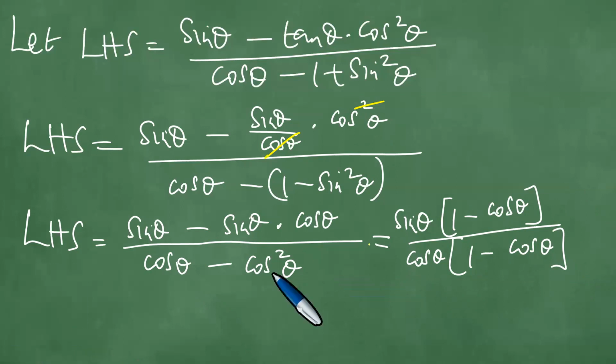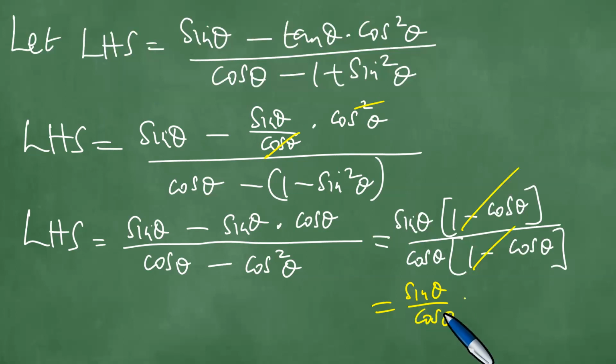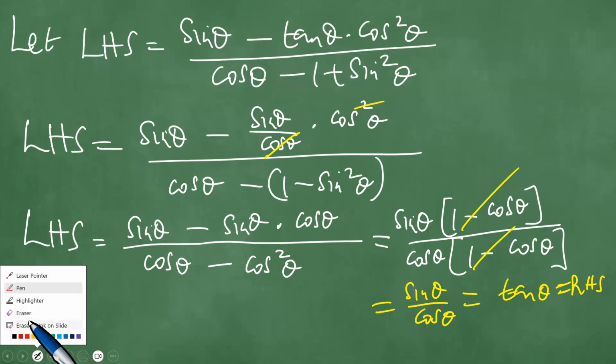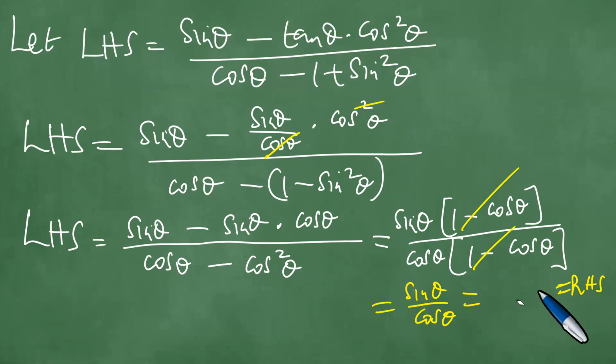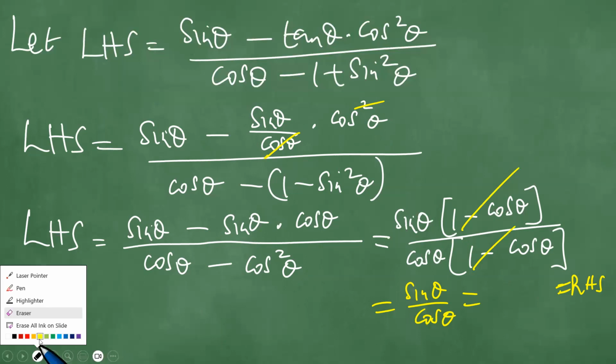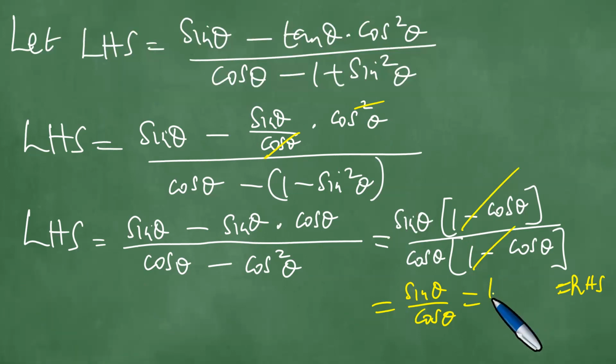So now these things cancel like this, and this is sine theta over cosine theta, which is tan theta, which is the right-hand side. So this one becomes tan theta.